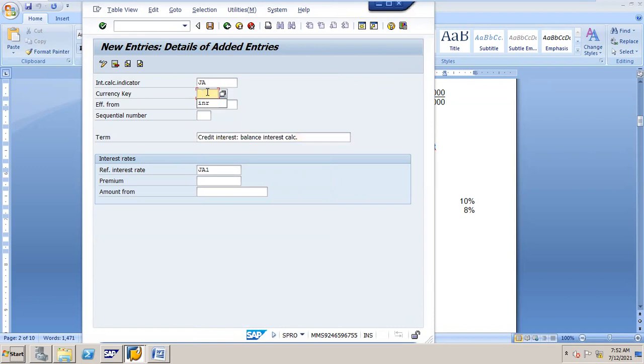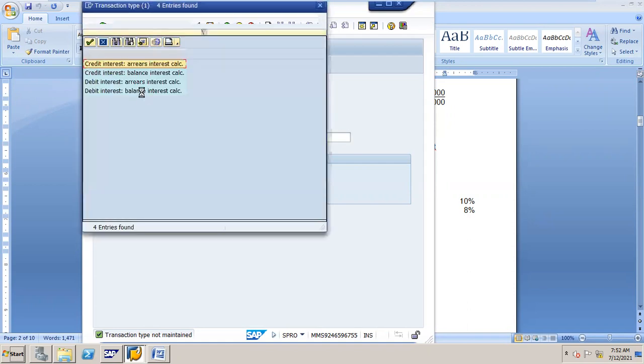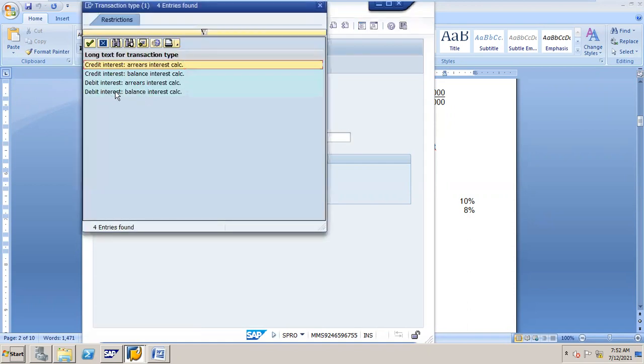Next, as usual, currency, effective from, sequential number 1. Why sequential number 1? I will tell you in the next step. So again, the next entry for the same main calculation indicator JA. What is our second interest indicator? JA2. What is JA2? Loan debit balance. Yes, debit balance.